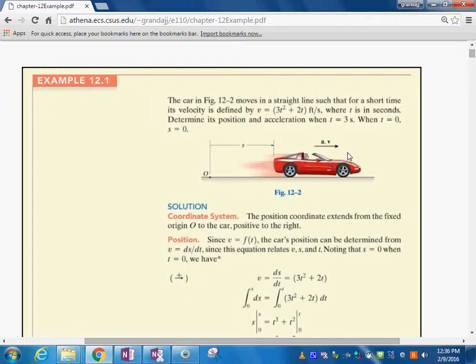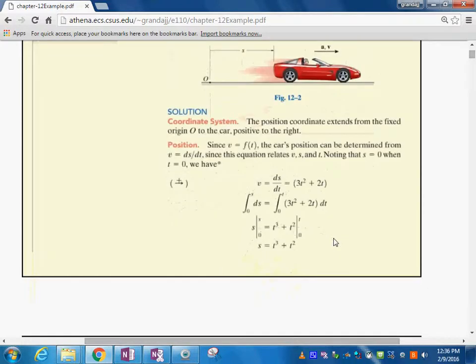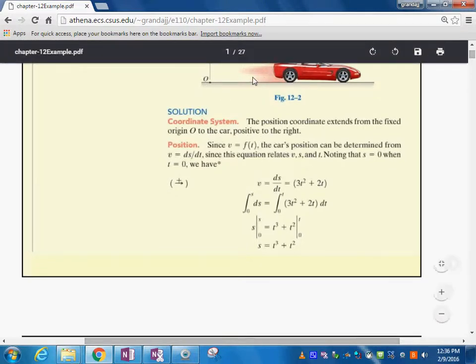So let's just look at the solutions in here, which illustrate the very basic concepts. The position coordinate extends from the fixed origin to the vehicle. So we have this s coordinate in here.